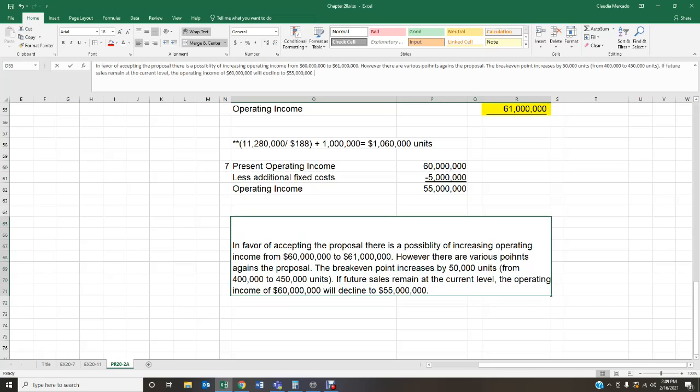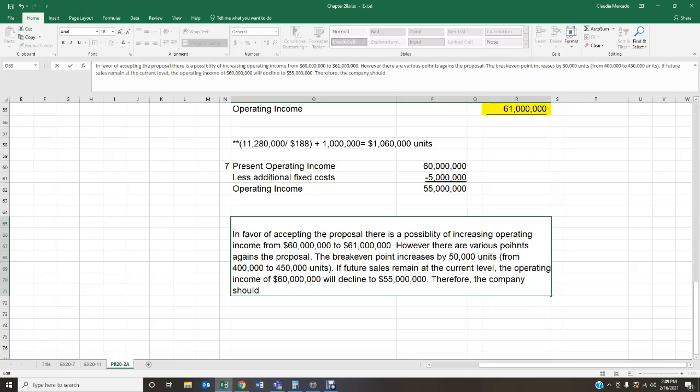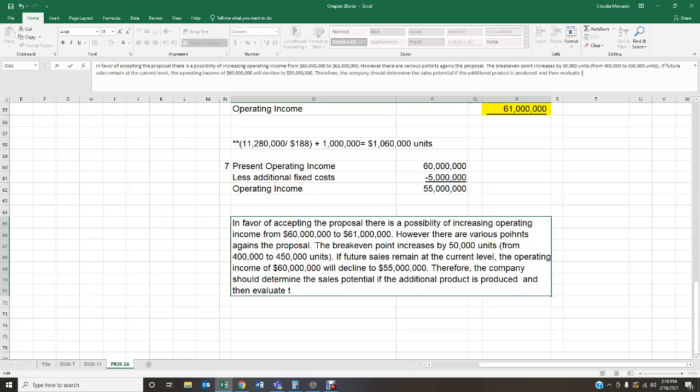So, therefore, the company should determine the sales potential if the additional product is produced, and then evaluate the advantages and disadvantages provided.